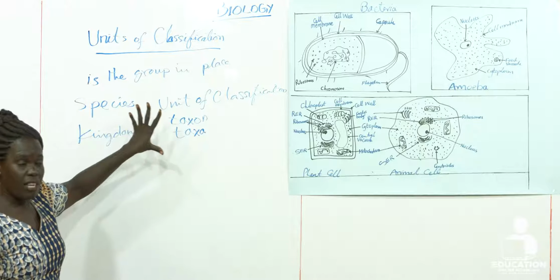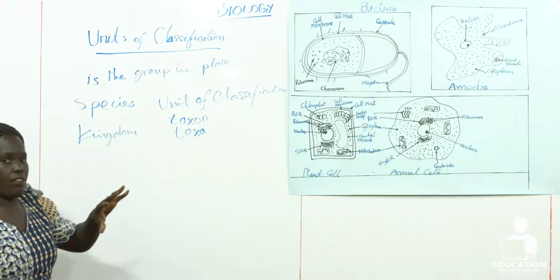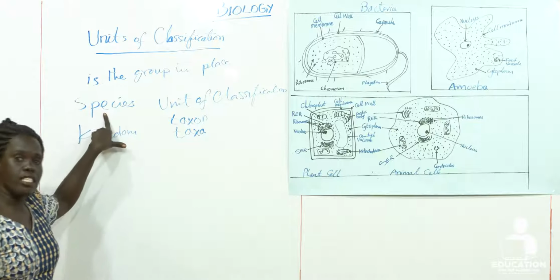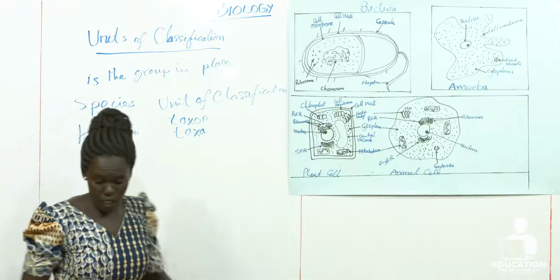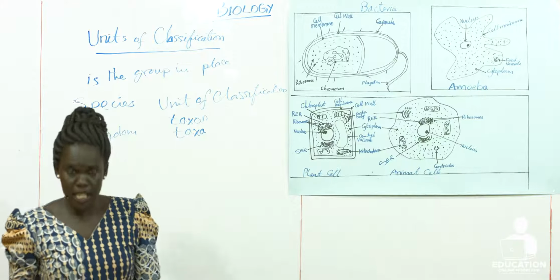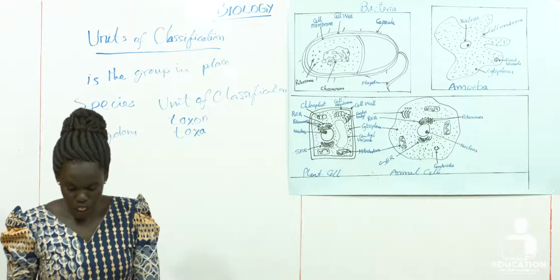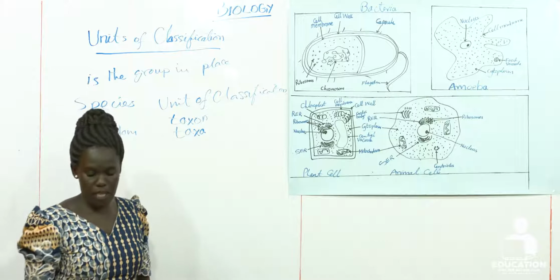So these units of classification, there are 7. The smallest one is species, the largest one is kingdom. That's why it is said there are 7 main taxa into which living organisms are placed.